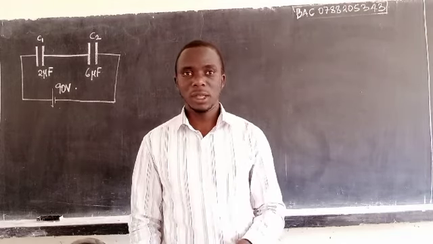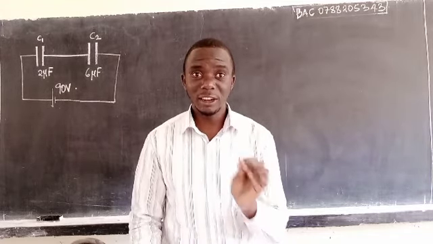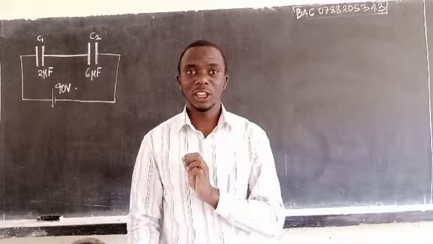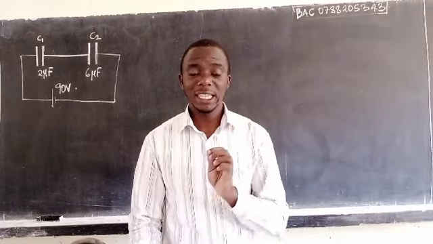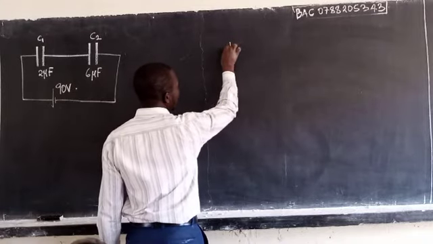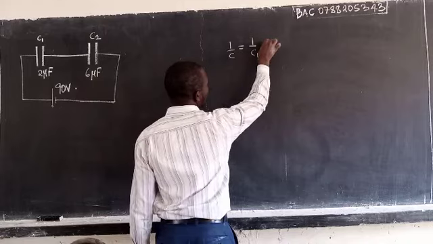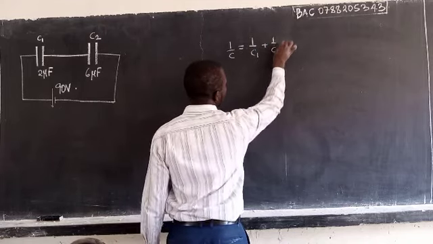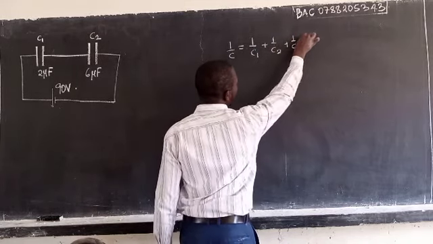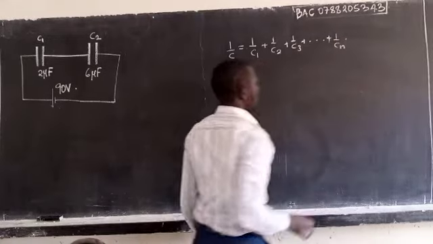In the previous lesson, we looked at the arrangement of capacitors and the effective capacitance. We found that when capacitors are arranged in series, the effective capacitance is given by 1 over C equals 1 over C1 plus 1 over C2 plus 1 over C3, and so on for all of them.